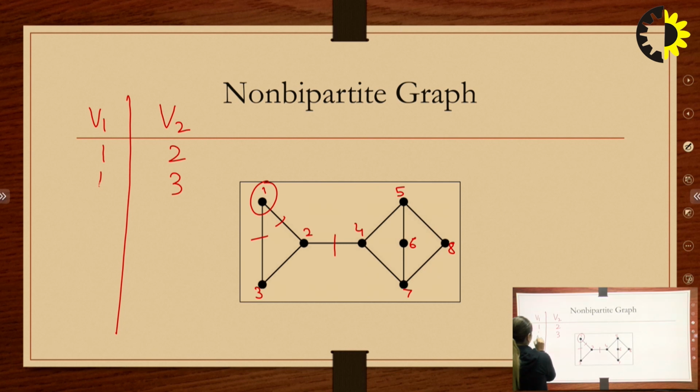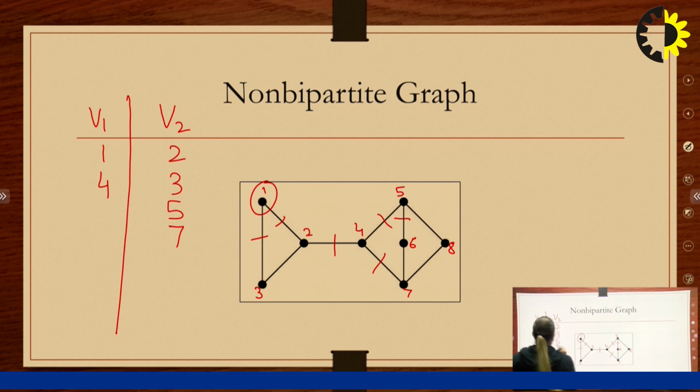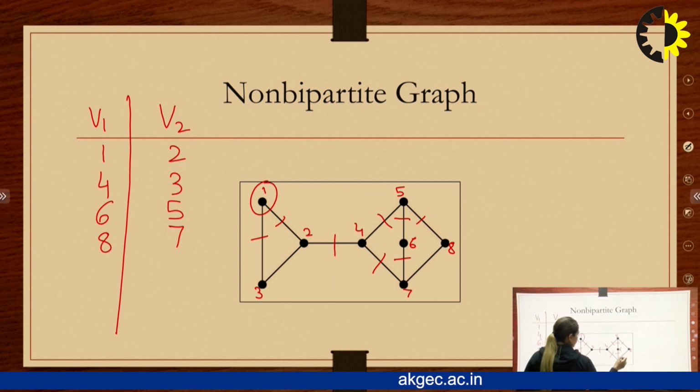2 is in this, then 4 should be here. 4 is in this, then 5 should be here. 4 is in this, then 7 should be here. 5 is in this, and 6 should be here. 6 is here, then 7 is here, it's okay. 5 is here, then 8 should be here. 8 is here, then 7 should be here, okay.